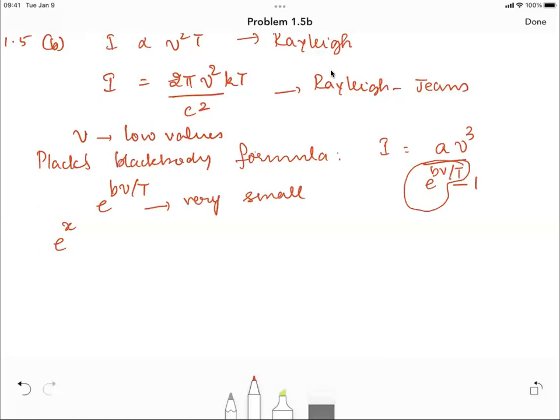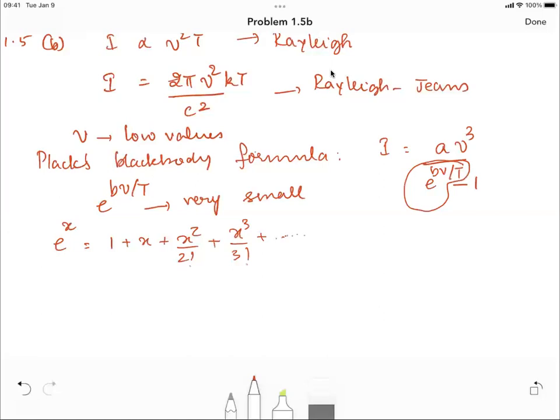Any e to the power x term can be written as 1 plus x plus x squared by 2 factorial plus x cubed by 3 factorial plus so on.